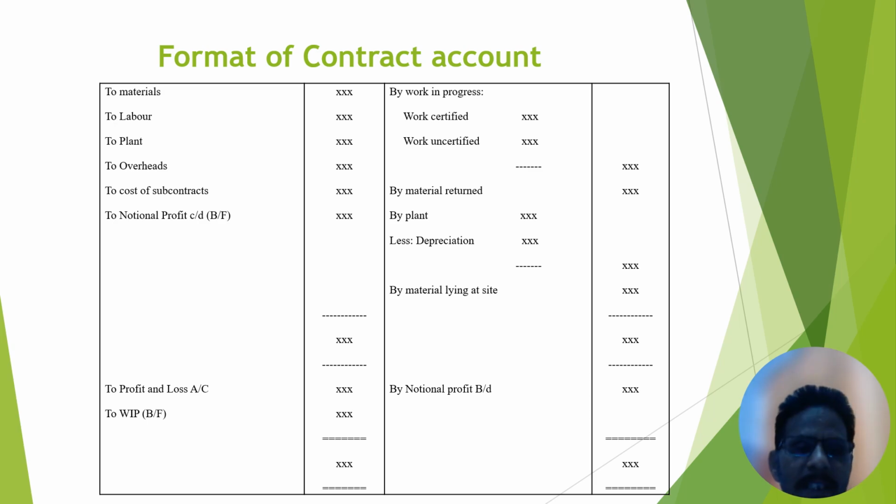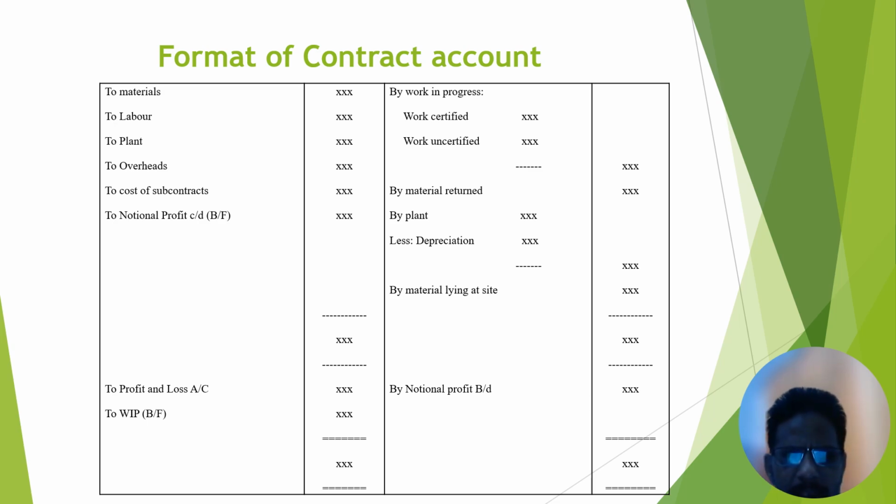Listen carefully, this notional profit is the estimated profit. This notional profit again we transfer to the debit side as by notional profit, and this notional profit we bifurcate into two parts. One is to profit and loss account and another one is work in progress account.